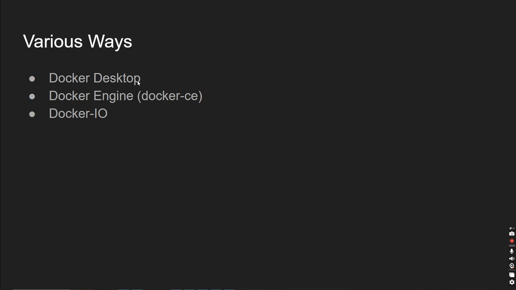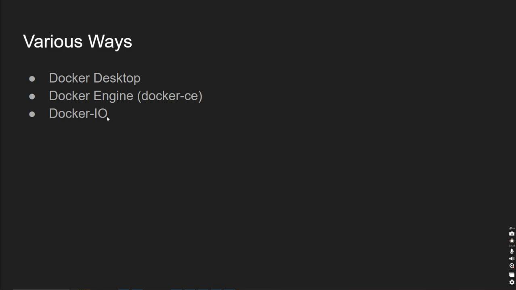Docker.io is basically again a container runtime and container management framework provided by Debian. From an end user point of view, Docker Engine and Docker.io look similar because the commands are similar. There can be minor variations, but the majority of the commands are the same, and the purpose is also the same.